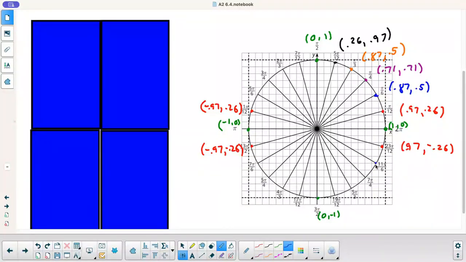So if I come down here, this is the same X coordinate, but your Y coordinate changes. If I come over here, same Y coordinate, so I'll keep it at 0.5, but the X coordinate's negative. If I go down here, they're both going to be negative.